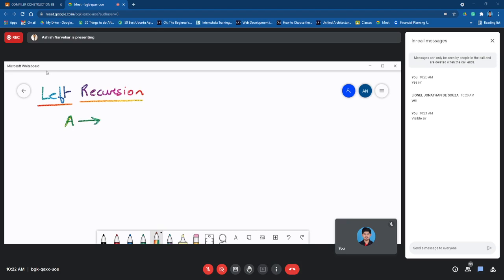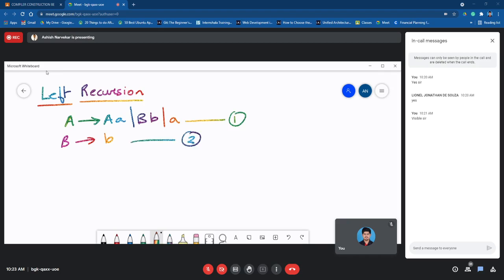A derives, say, AA or BB. B derives, or A suppose, and B derives small b. Okay. Now let's number this as 1 and this as 2.